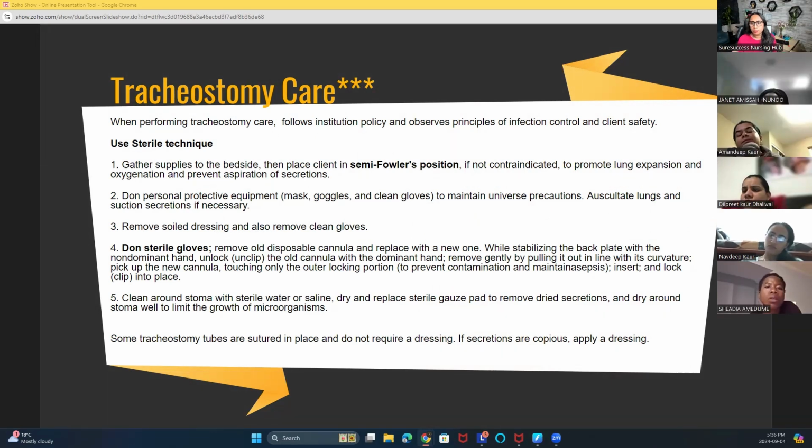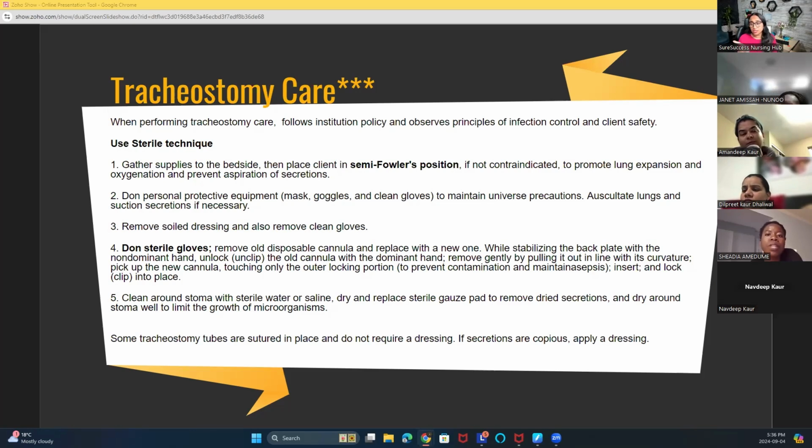There is a separate certification, and then RNs can insert it. The fresh one, doctors do that, or respiratory therapists do that. Then no, not us at all. We can only reinsert when it comes out, once the tract is mature, after 14 days.